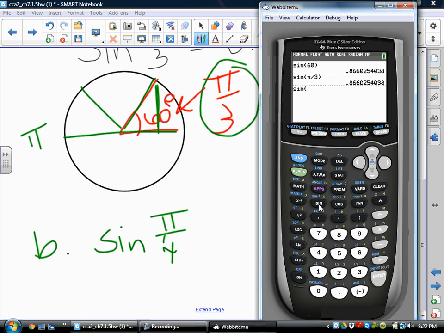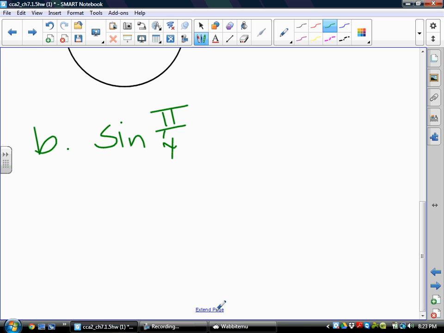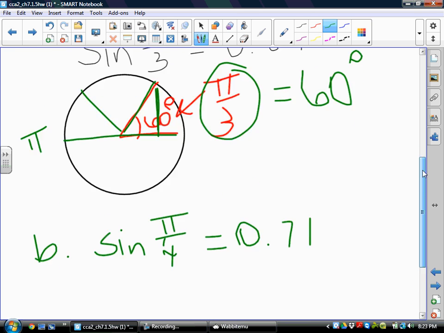We're not going to use 3.14 for pi. We're going to use the exact amount of pi. So pi over 4 gives 0.707. So we'll maybe keep that to 0.71. Okay, equals 0.71.